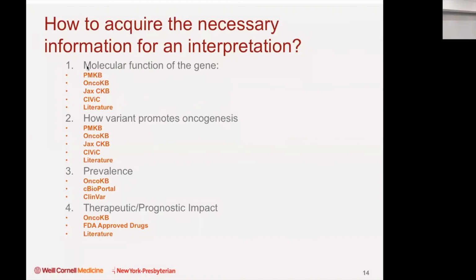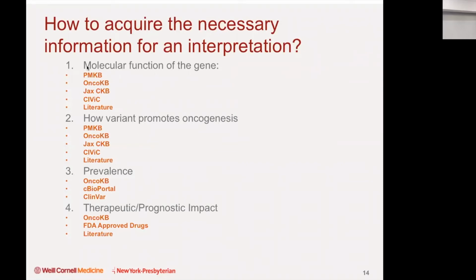So always check back to the primary source, even if you gather information from OncoKB or JAX CKB and so forth. In terms of whether that variant is tumorigenic or if it's unknown, if it's not in PMKB, OncoKB and JAX are also good resources.